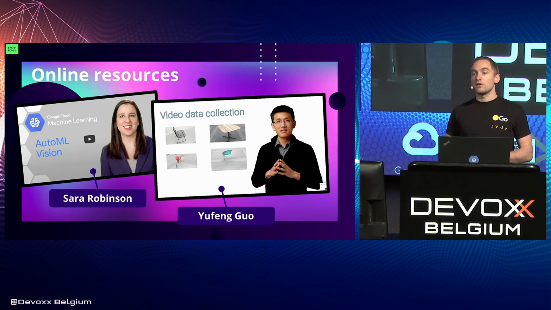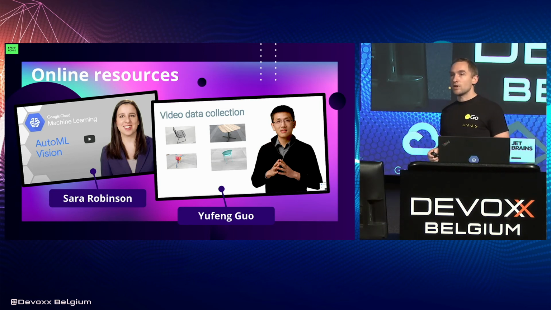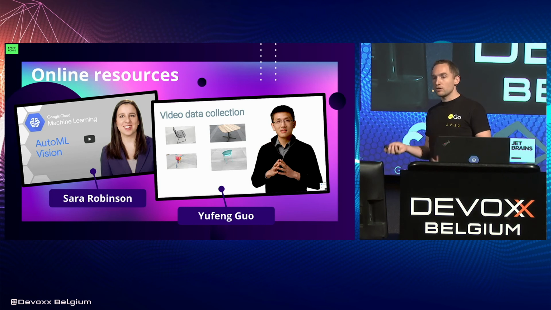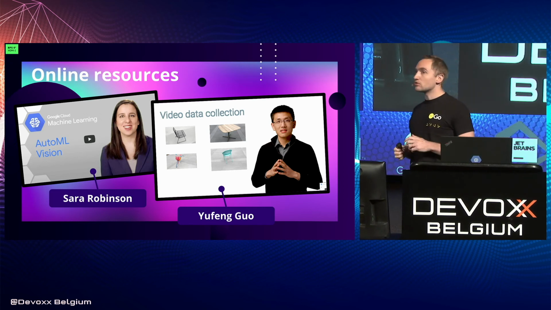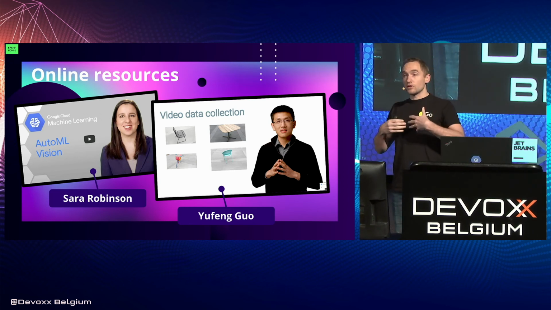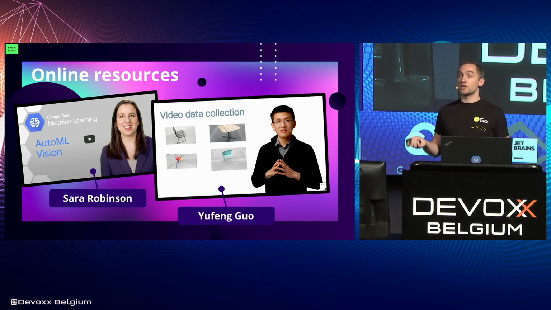I also recommend having a look at these 2 videos. So Sara Robinson, she made quite a lot of videos about AutoML Vision. And Yufeng Guo has a really nice trick in order to create a dataset consisting of hundreds of pictures.